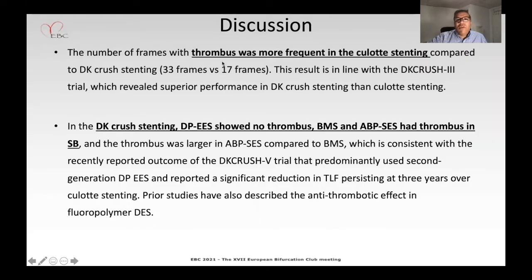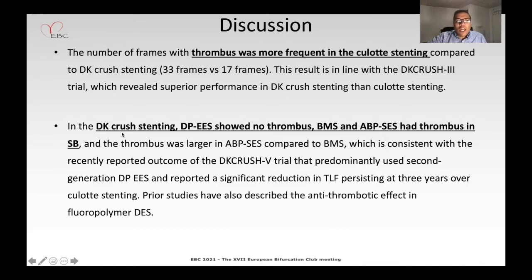So the number of thrombi with culotte stenting was more compared to that of the DK crush, 17 frames versus 13 frames. And these findings might explain why in the DKCRUSH-III trial, we see a superior performance of the DK crush model than the culotte stenting model.